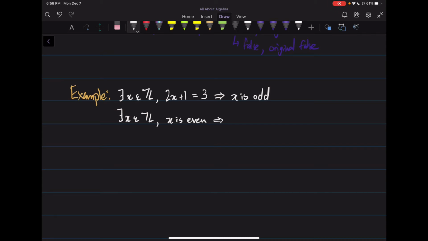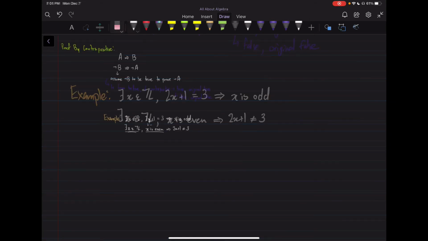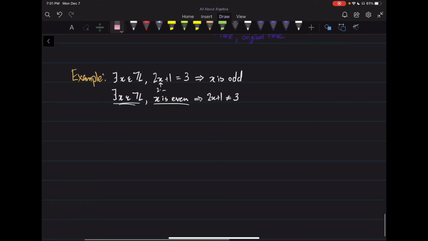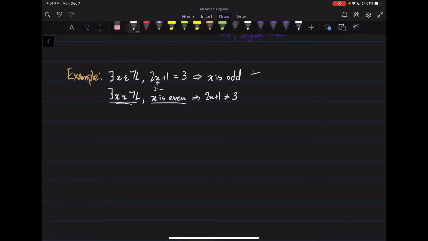Well, the contrapositive would be x is even implies 2x plus 1 is not equal to 3. So let's take a look at this example. If this is our original statement, then we have that this is our contrapositive.